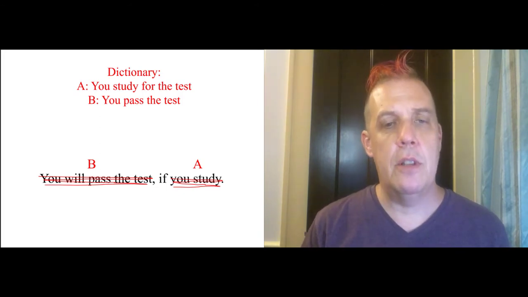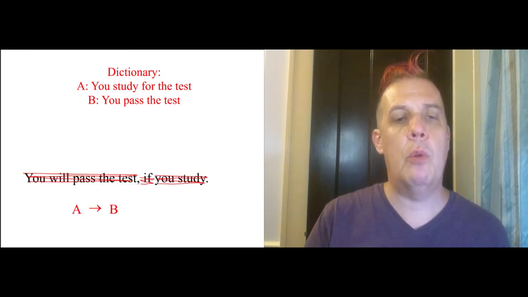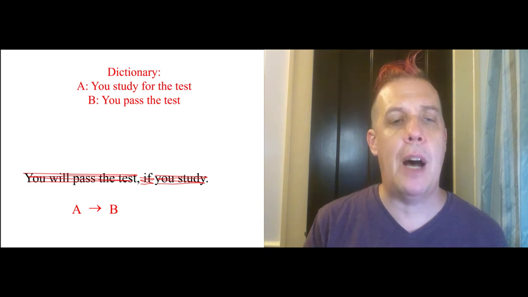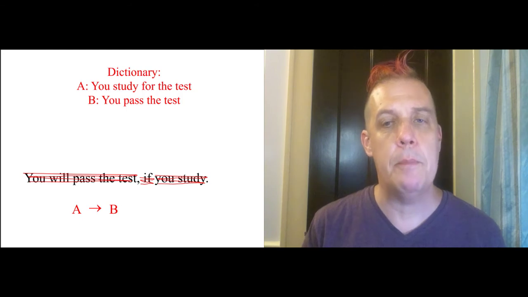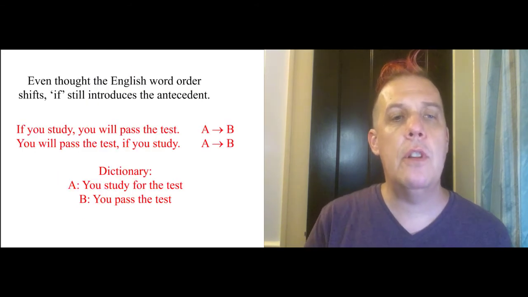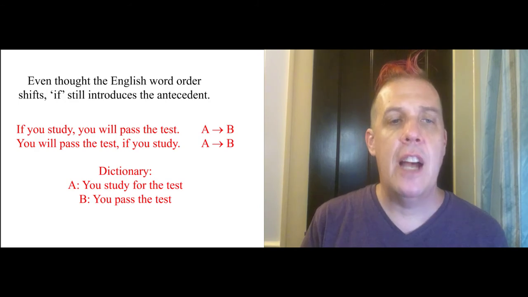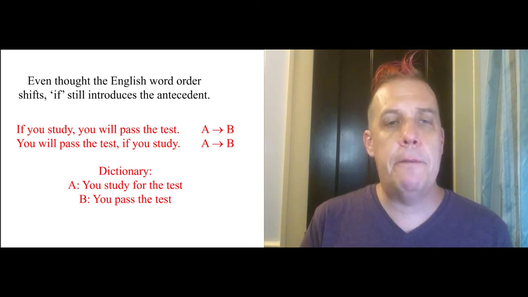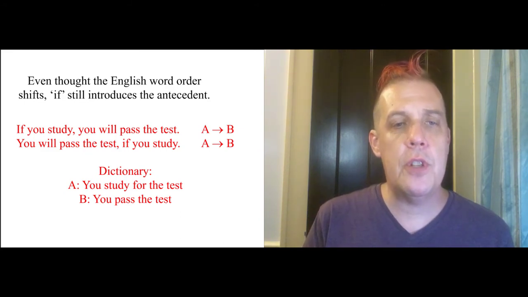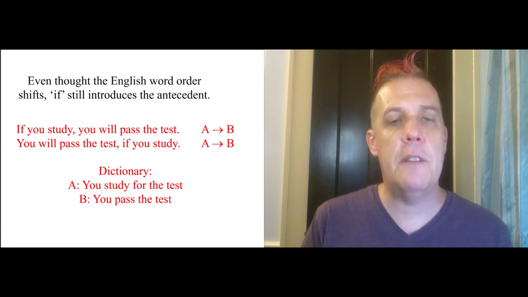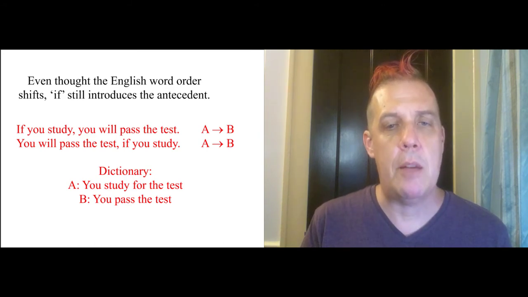But the word if is still introducing the A. So when we write it out as a symbolic statement, we write A implies B, A arrow B. So even though the English word order has shifted, the word if still introduces the antecedent. If you study, you will pass the test, and you will pass the test if you study are both represented as A implies B.